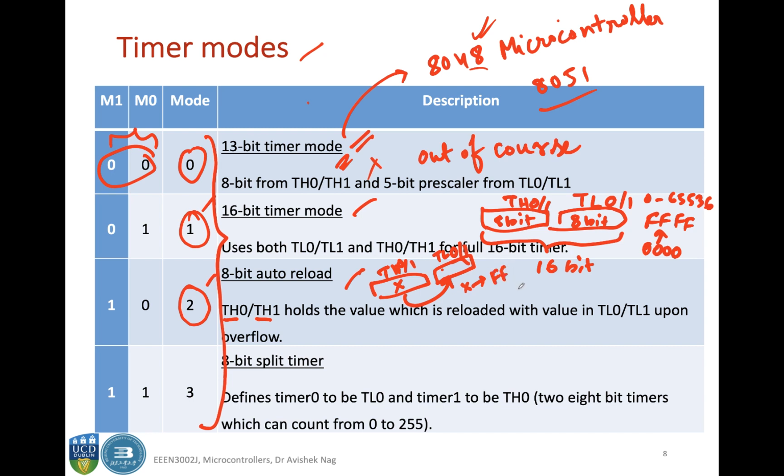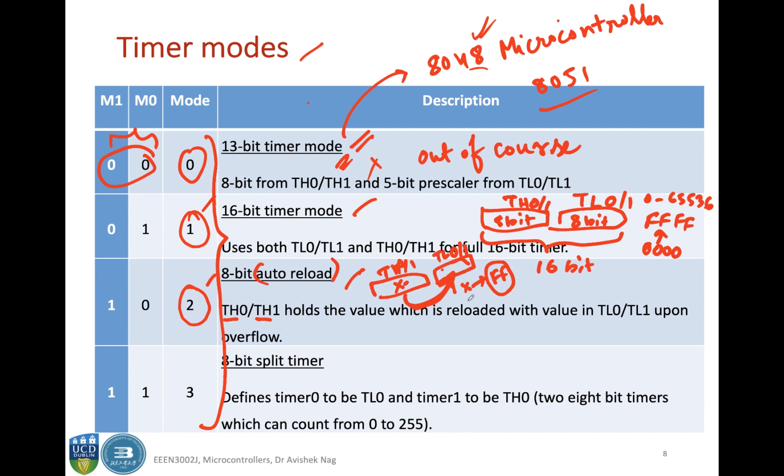That is the maximum number that can be counted for an 8-bit timer. The moment it finishes counting up to FF, it starts counting again. Whenever it finishes counting to FF, the value in TH0 or TH1 gets reloaded automatically. That's why it's called auto reload.